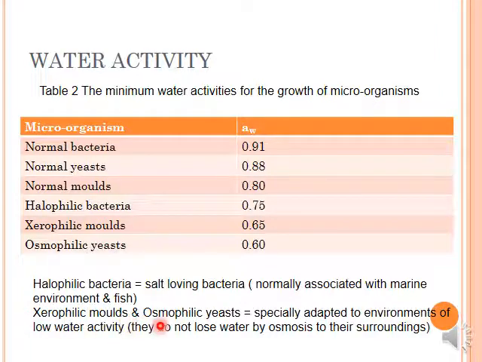Xerophilic mold and osmophilic yeast are the microorganisms that can easily adapt to an environment of low water activity. Even though the food is categorized as intermediate moist food, if it is exposed to this type of microorganism, the food can still get spoiled.